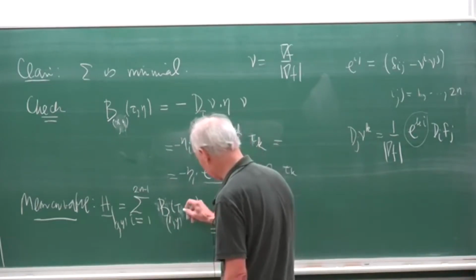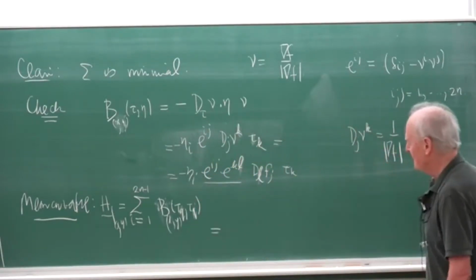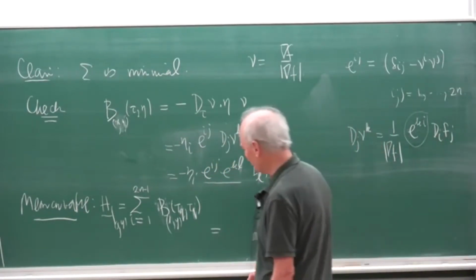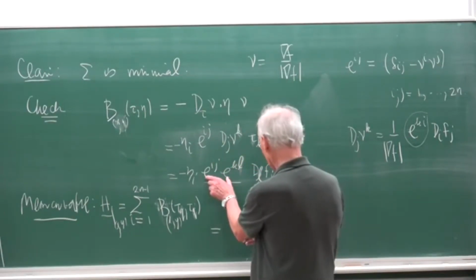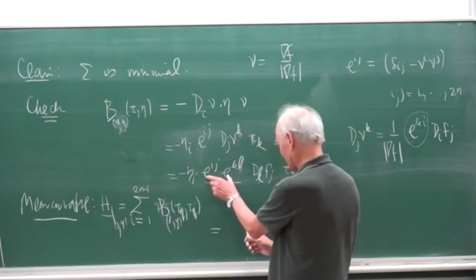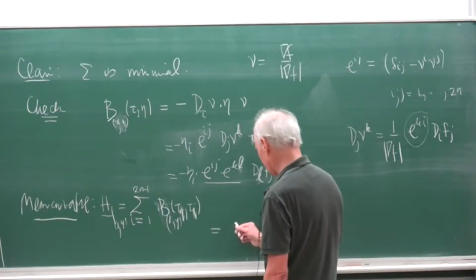Maybe I should use a different index here, q. Tau_q. Okay, I seem to be making a long story out of this, but it's rather simple if you do it the right way, which I probably did not do.